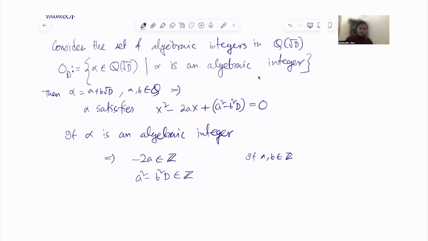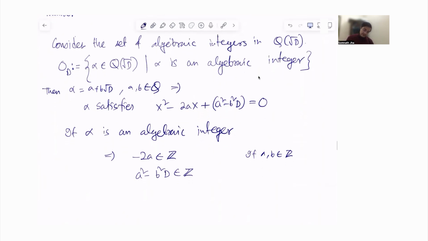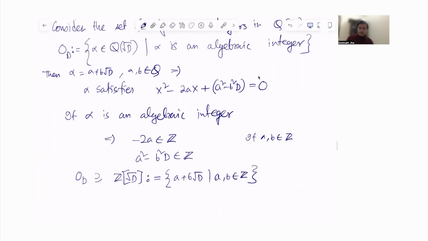So for example, we can see that O_D contains Z root D. What is Z root D? If I define it, this is defined to be a plus b root D, with a, b in Z. But we saw it could be more than this.